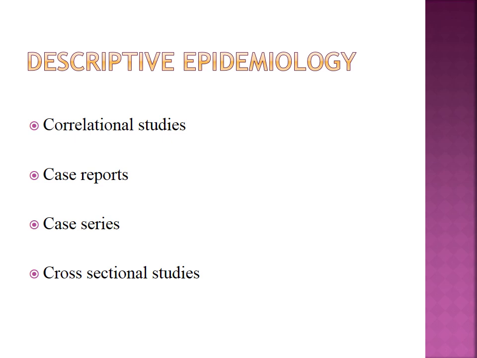Descriptive epidemiology, as we have mentioned, is of various types. There are correlational studies, or case reports where we just describe some unusual presentation of a particular case. We only report that particular case, or it may be a cluster of cases where we report a case series, or a cross-sectional study where we find out the person distribution, the place distribution, and the time distribution of the disease.